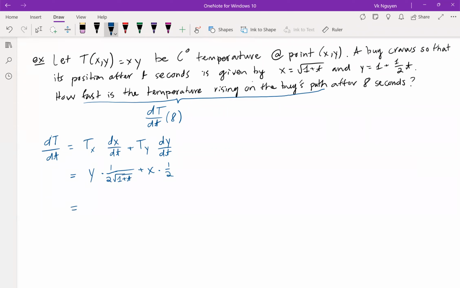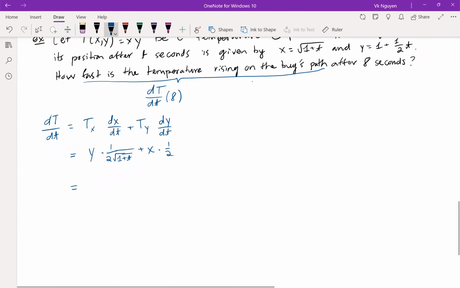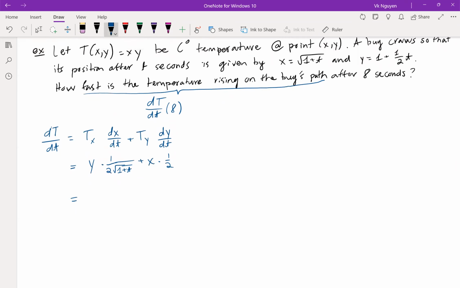So the next step is that I'm going to sub in the x and the y, and do the substitution here: 1 plus 1 over 2 t times 1 over 2 root of 1 plus t, plus root of 1 plus t times 1 over 2.